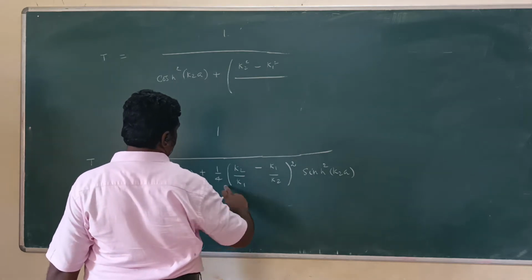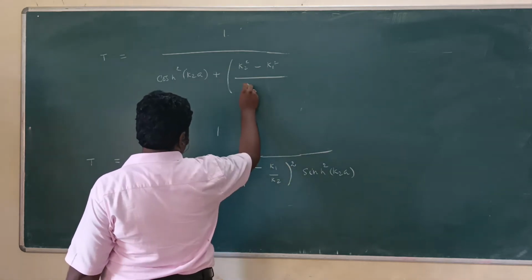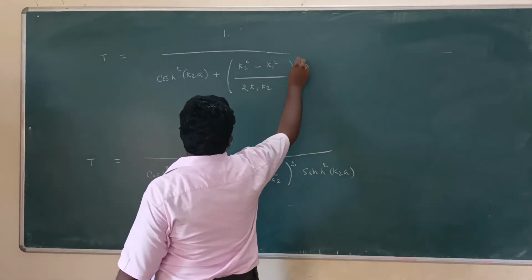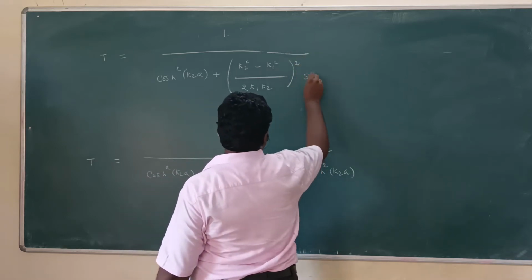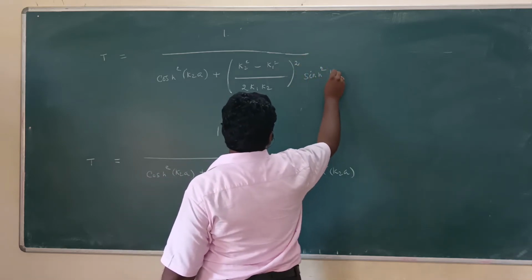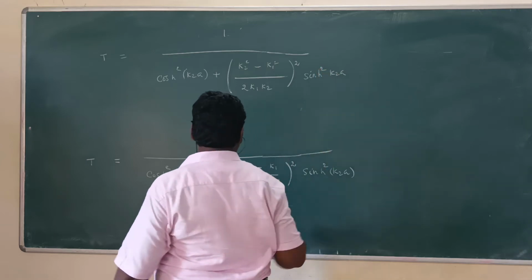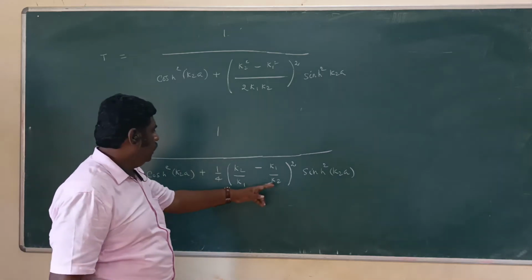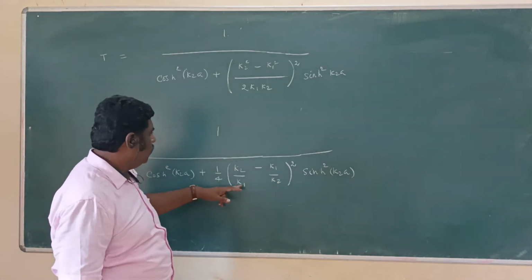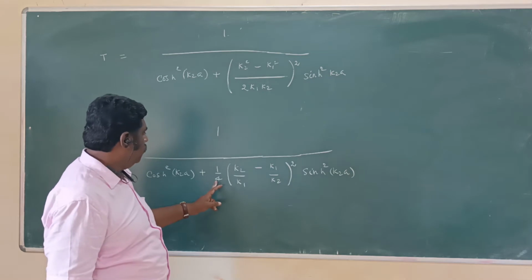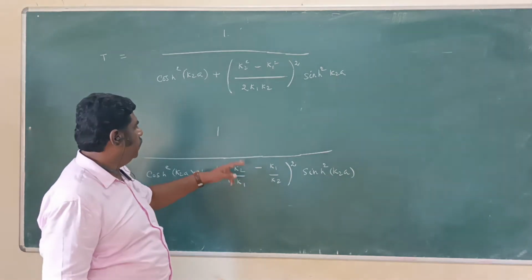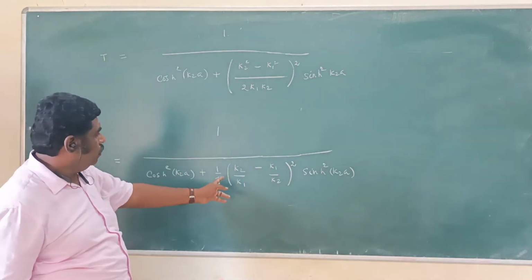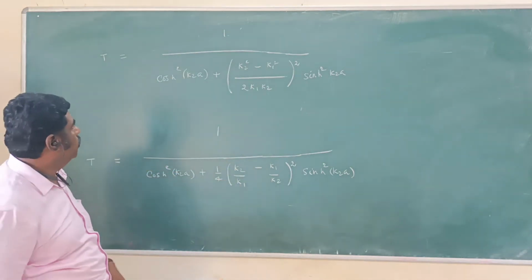Bring this 4 into the bracket, then 2 square 4, so 2 k1 k2 whole square into sinh square k2a. See, this cosh square k2a is present as such, and (k2 square minus k1 square) whole divided by k1 k2 whole square. Then this 4 goes into the bracket and is taken as 2 square, so (k2 square minus k1 square) whole divided by 2 k1 k2 whole square.